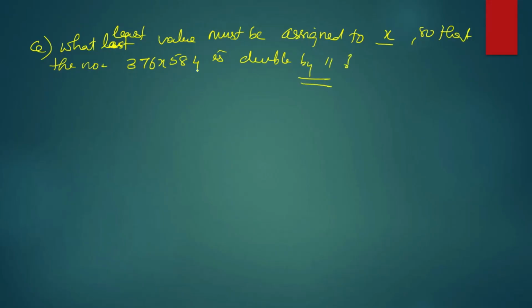Okay, what is the question? Which number you have to put in the place of x so that the whole number is divisible by 11. Okay, so what is the divisibility rule of 11?